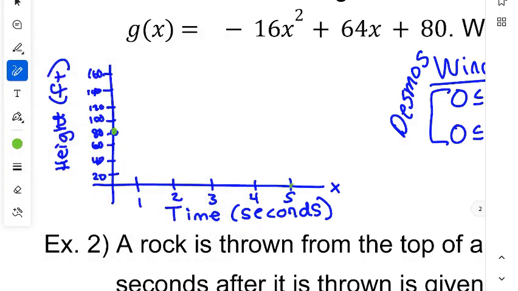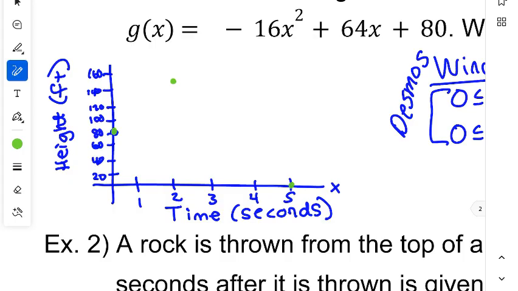And we know it ends at 5. So I have 2 dots. I need a third. So where would I get that third one? I'll put those numbers here. What is the vertex? That's that highest point, the maximum point. 144. So let's make sure to graph that. So it looks like it's probably like that.